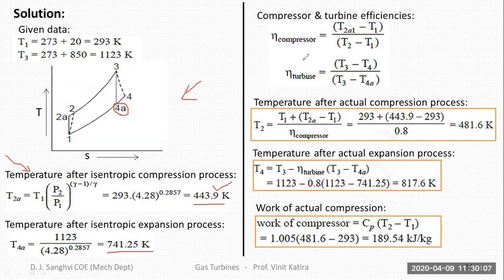Yes, sir. Okay. Next we can find the actual temperatures after the compression process and the expansion process, that is T2 and T4. Using the formulas for compressor efficiency and turbine efficiency, we can find the actual temperatures after the compression and expansion processes.